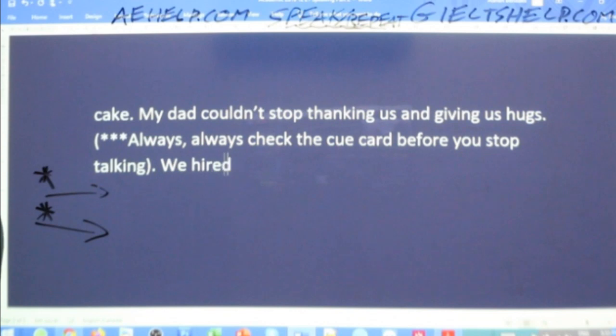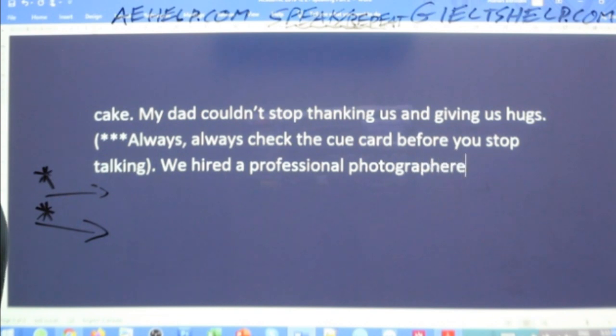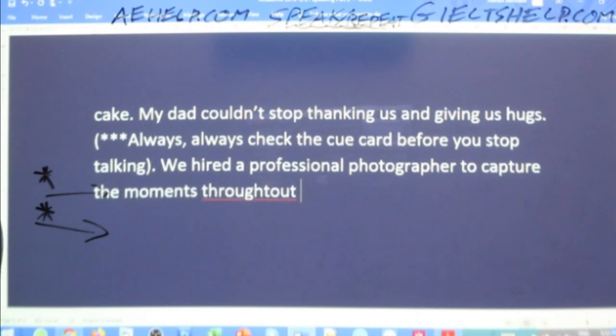We hired a professional photographer to capture the moments throughout the evening.